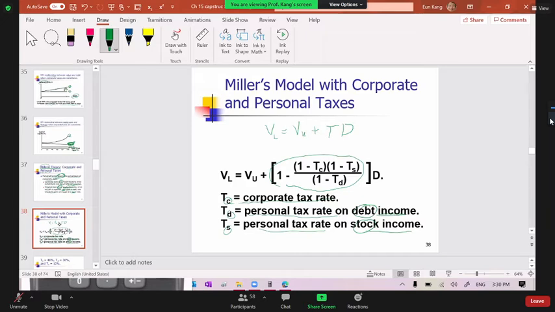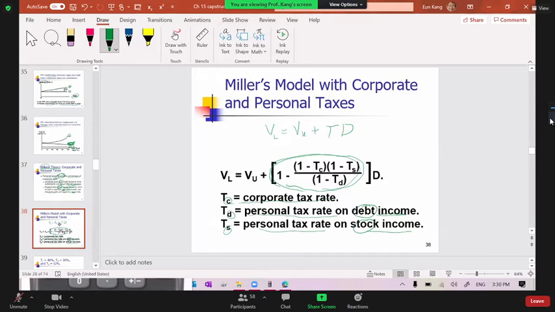This one determines how much debt affects VL. But his purpose for this formula is that this definitely relates to the scholars' ego problem, right? The first paper says that debt doesn't matter, that it doesn't affect the value of the company.